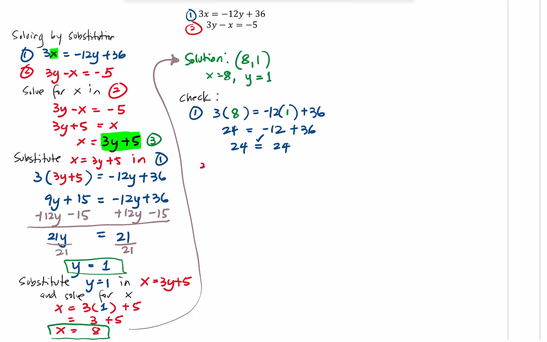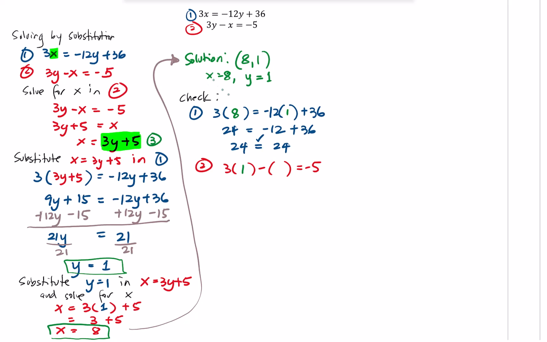Let's check with equation number 2. Let's copy equation number 2 once more. So that's 3 times the y minus the x, which is 8, equals negative 5. So y is 1. Be careful with checking. Make sure you're writing the correct value.